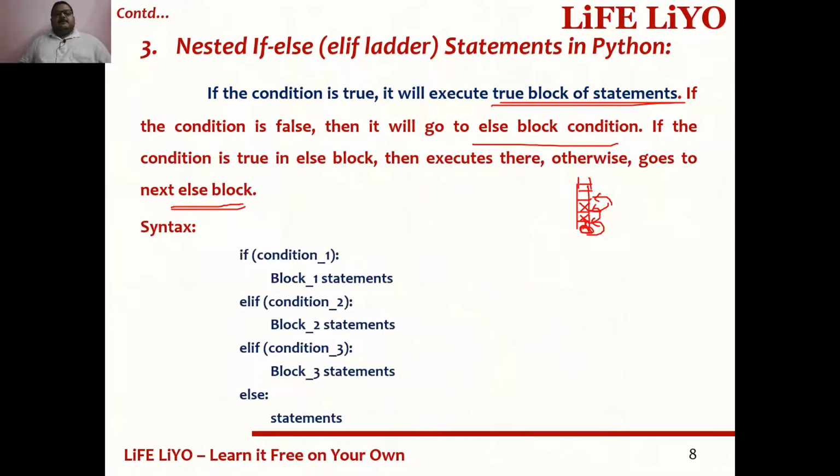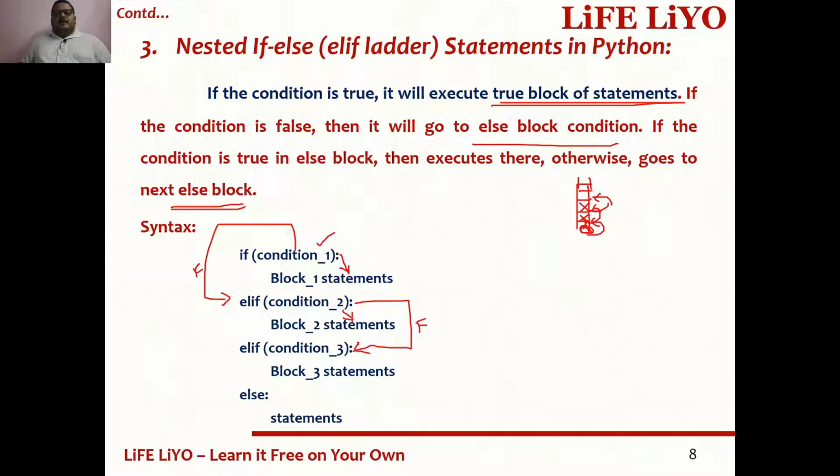Syntax. Look here. It first checks condition 1. If condition 1 is true, it executes the block 1 statements. If condition 1 is false, then it goes to the condition 2 checking, that is elif of condition 2. If condition 2 is true, it executes block 2 statements. If it is false, it goes to block 3.